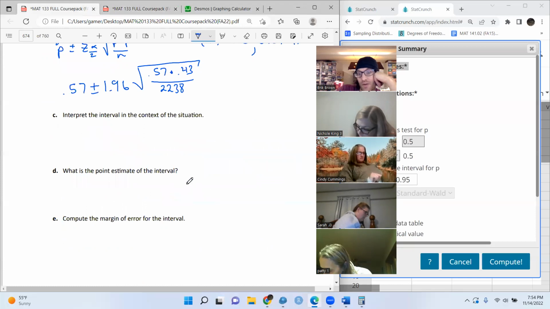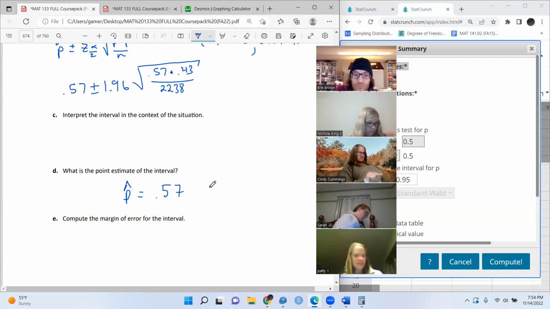Anyone know the point estimate? 0.57. It's the p hat. Am I starting to sound like a broken record with that point estimate thing? P hat or X bar. It's the sample value, the sample statistic.